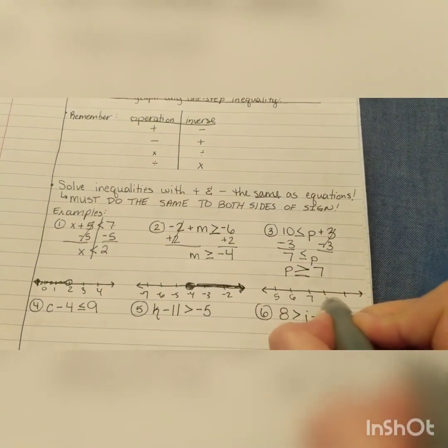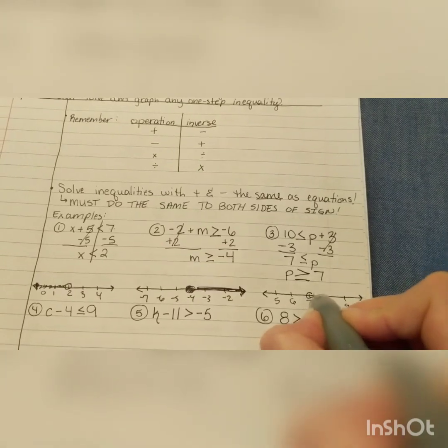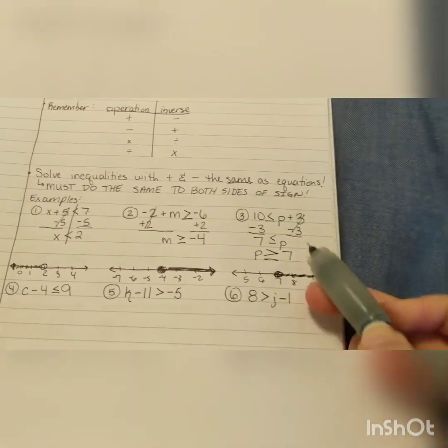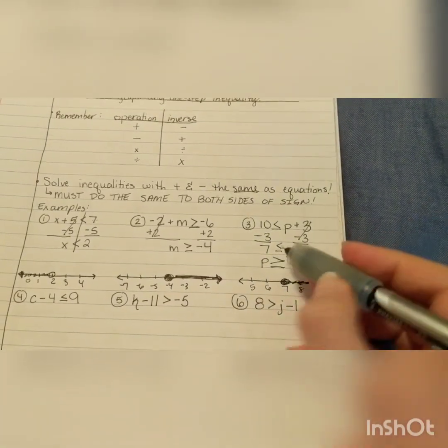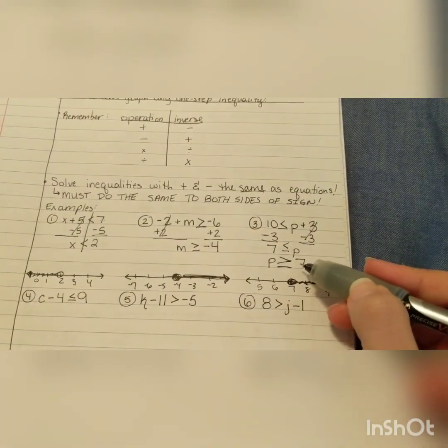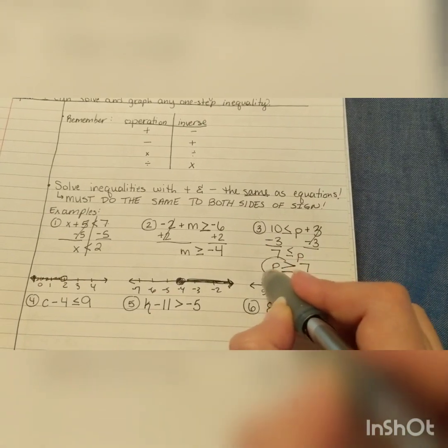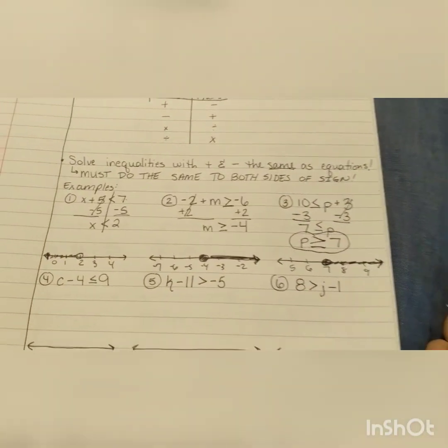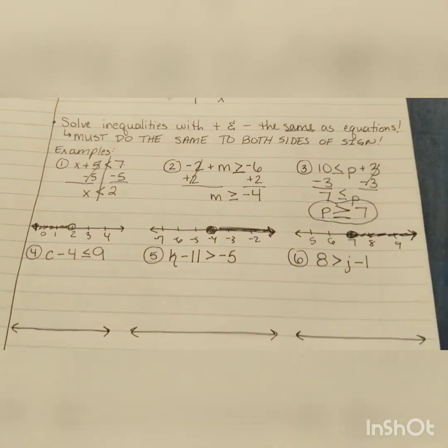So when I graph this, there's no question about what direction I'm supposed to graph. So don't accidentally graph this one. It is supposed to be this one, with my variable on my left, my constant on the right. My inequality sign is pointing to the right.